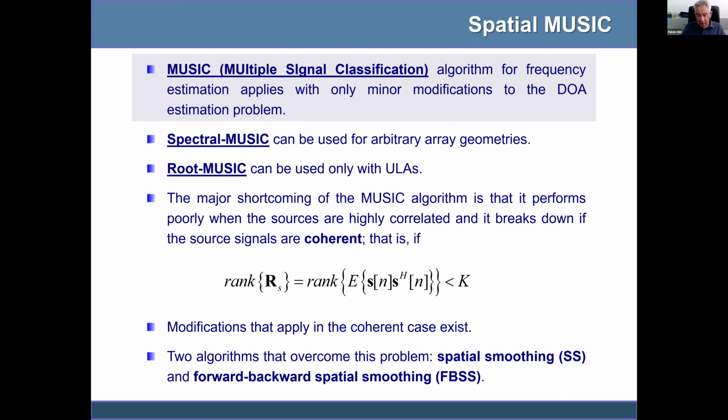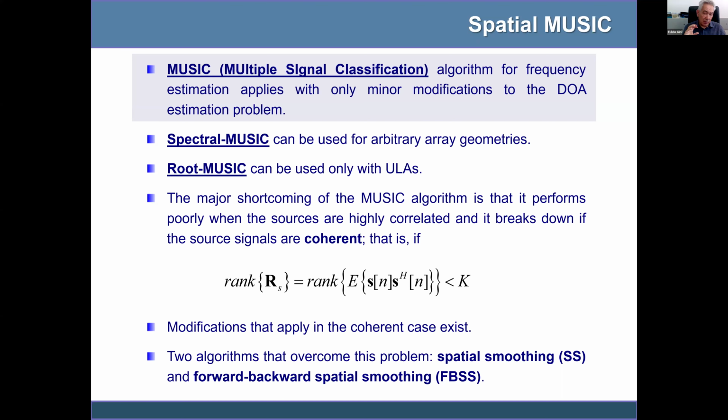And the reason is that if there are very highly correlated sources, it is no more true that the rank of the spatial correlation matrix RS is equal to the number of sources. The rank becomes smaller, and this creates problems for Capon, but also for MUSIC, as you will see. Luckily, there are methods to overcome this problem.